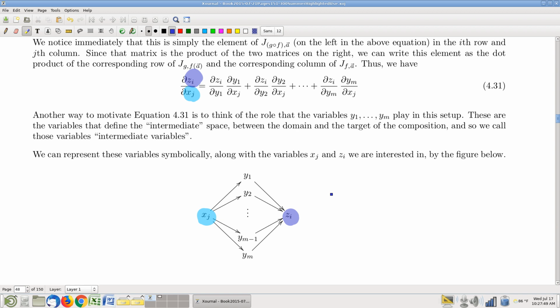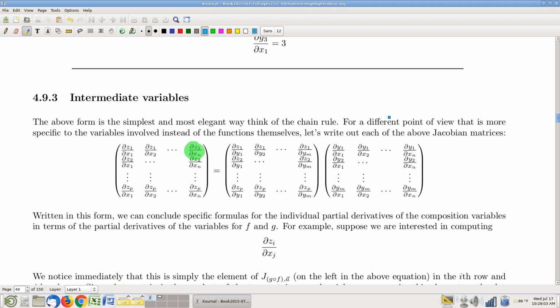And then notice those variables show up in various other places in that formula. Which, by the way, is no surprise. Look at the way the product is written down. This being the partial of z1, that row is made up of partials of z1. Being a partial with respect to xn, these partials over here are all with respect to xn. So there's no surprise.